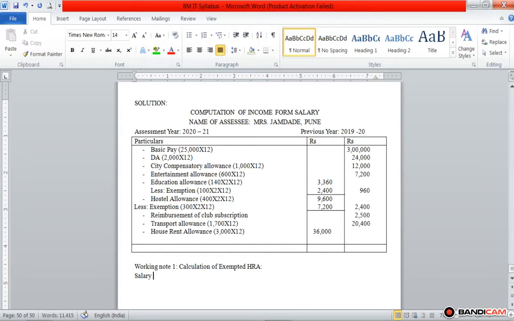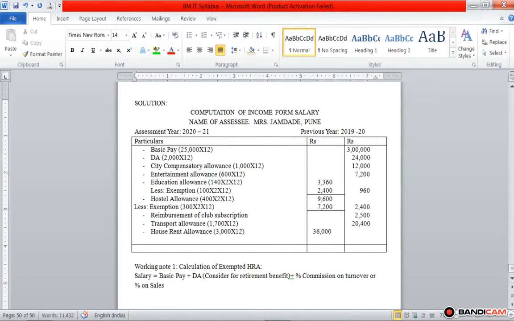Salary for computation of HRA is equal to basic pay plus DA (considered for retirement benefit) plus percentage of commission on turnover or percentage of commission on sales.